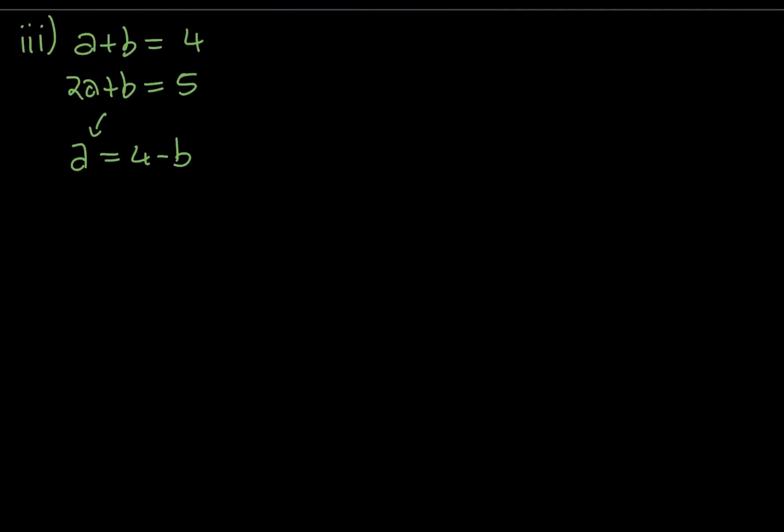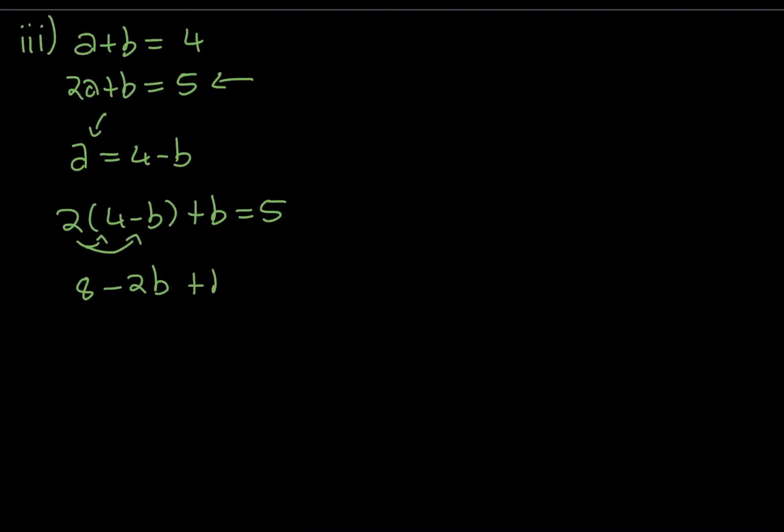I'm going to plug it into the second equation, the one that I did not pick. 2 times (4 minus b) plus b is equal to 5. 2 times 4 is 8, and 2 times negative b is negative 2b, plus b is equal to 5. So 8 minus b is equal to 5, and therefore b is equal to 8 minus 5, which would be 3. So I found b as 3.